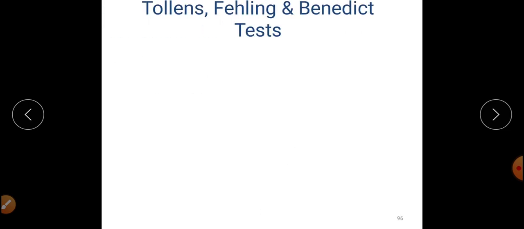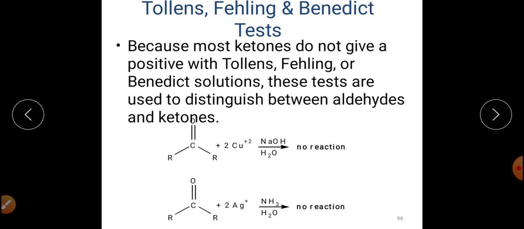Now, how can we differentiate between aldehydes and ketones using these tests? First of all, you will have to identify whether a particular organic compound contains a C=O group or not. For that, you use the 2,4-dinitrophenylhydrazine test.